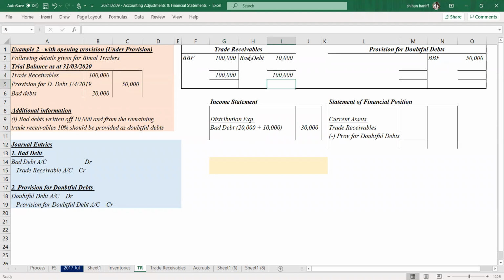So the net is 90,000. Brought forward is 90,000. Provision is 90,000 into 10%, is 9,000.